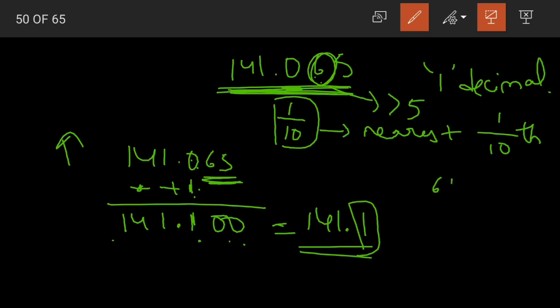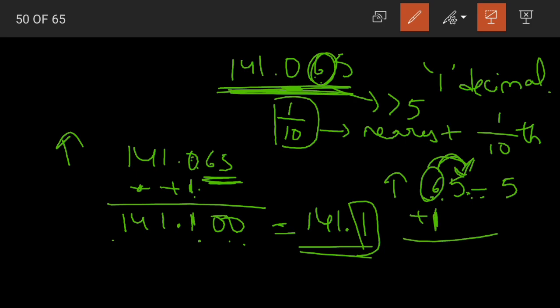So suppose we have 65. We are rounding off to the nearest 10. We look at the digit in the ones place. Yes, that is the digit to its right. Now this is equal to 5. We'll round up. What will we do? We'll add 1 to our 10th place. Yes, children. The place that we are rounding off. So that is why here we are rounding off to 1/10.